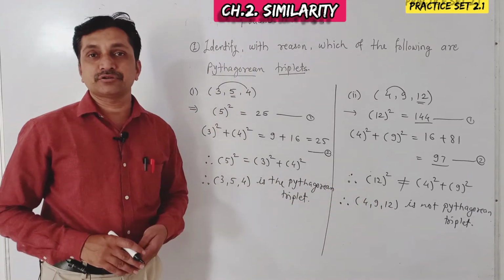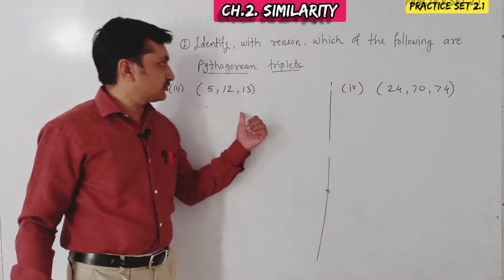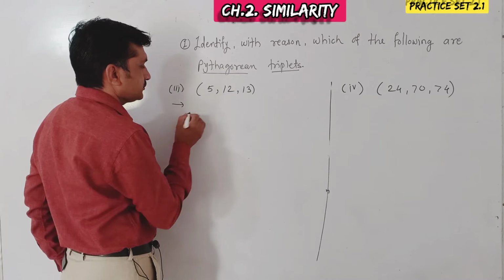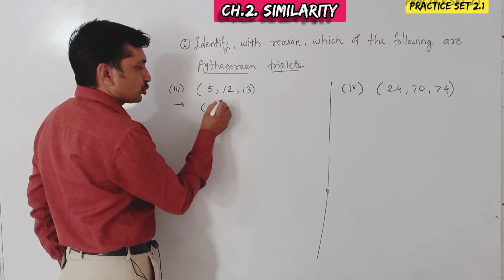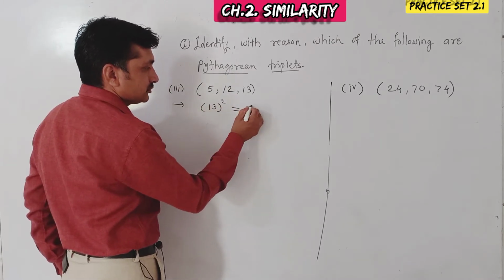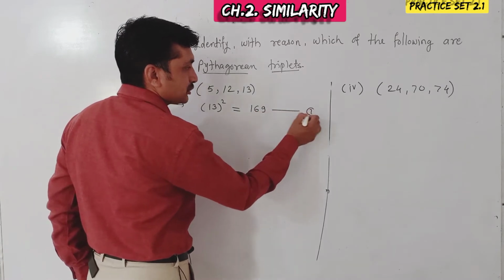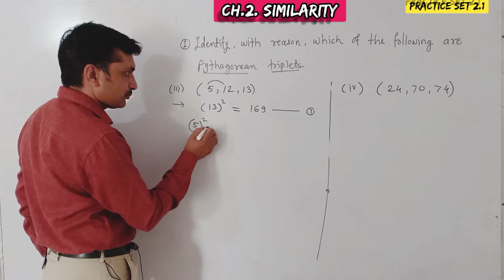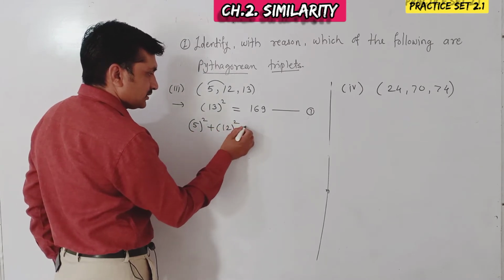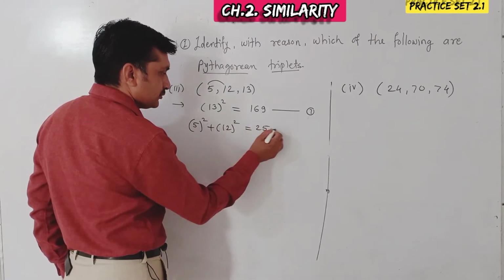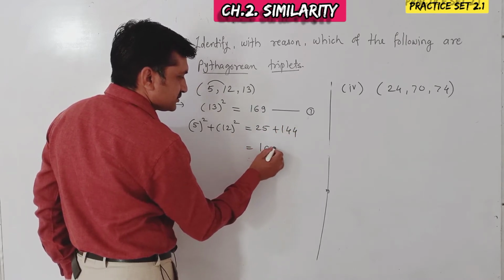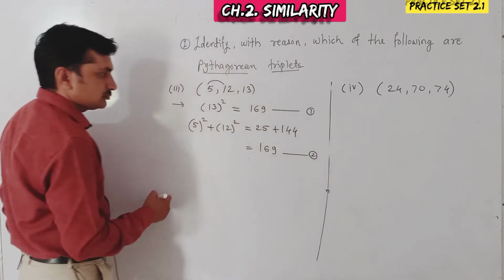Let's see example number 3. Now dear friends, in the third question, again one triplet is here, 5, 12, 13. First of all write the square of the largest number, 13 square. Square of this is 169, number 1. The remaining two, these two are the remaining two. 5 square plus 12 square is equal to 5 square 25 plus 12 square 144 is equal to 169, number 2.